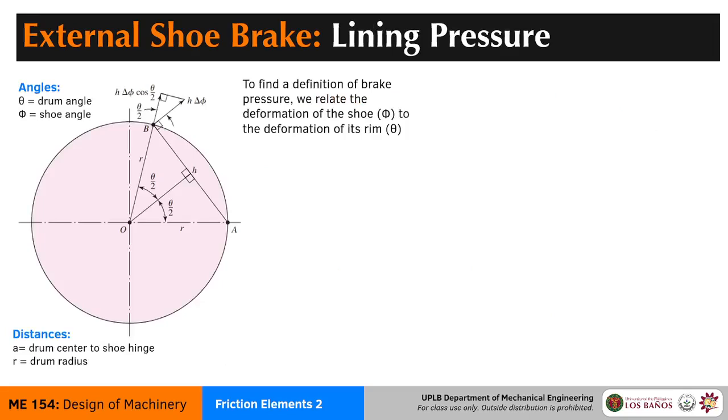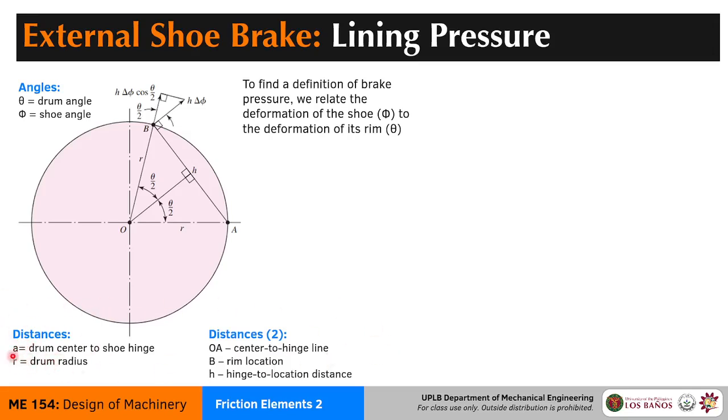Here is Shigley's drawing for the deformation that the drum is experiencing and the brake is experiencing. There are two coordinates here. We have drum angle theta and shoe angle phi. We're going to skip the details. I'm going to leave the connections to you now. But these are some of the distances that we have to keep in mind.